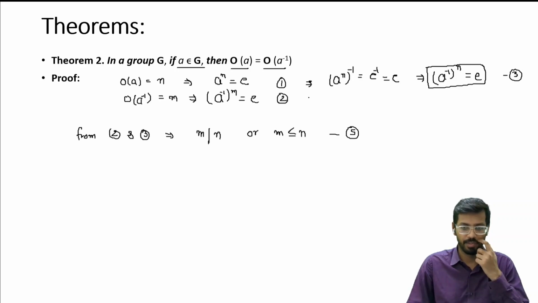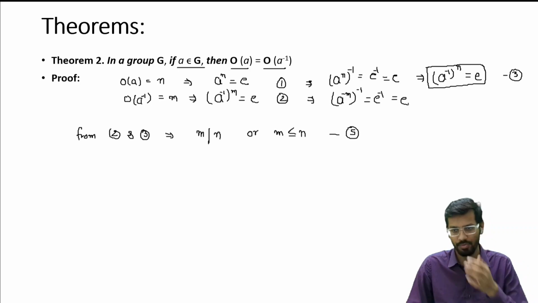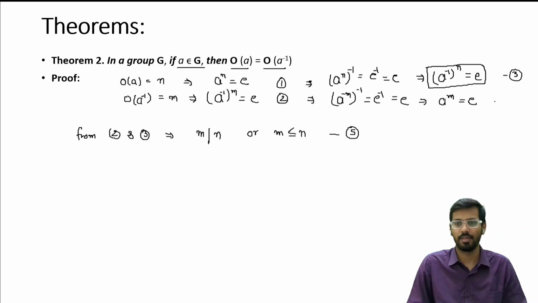Now from this second equation we can take inverse on both sides. So A raised to power minus m whole inverse is equal to E inverse, that is equal to E. Similarly we can say, क्योंकि identity element का inverse identity element होता है, so from this equation we can write A raised to power m is equal to E. Call it equation 4.